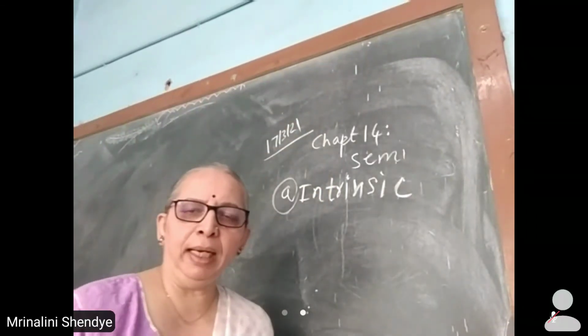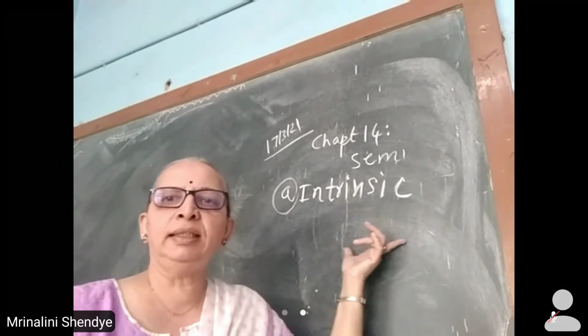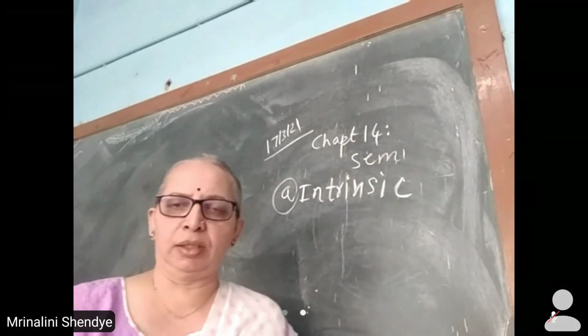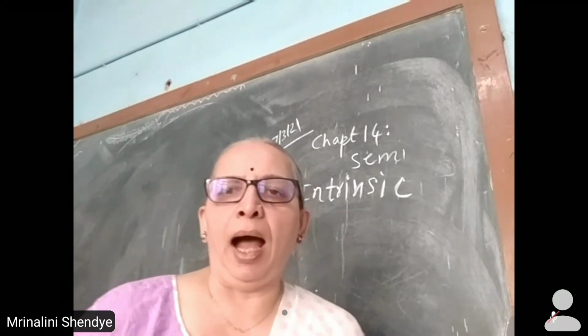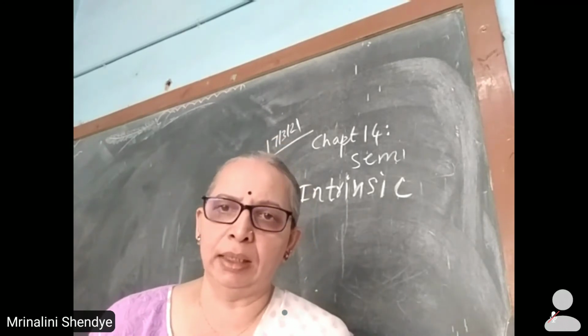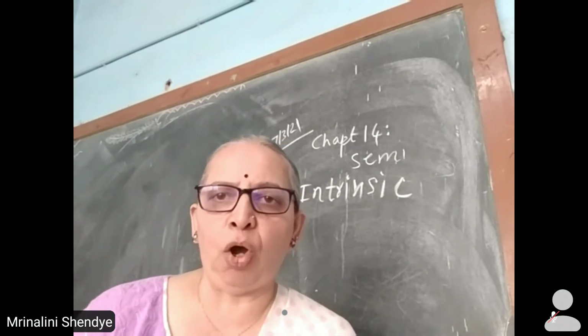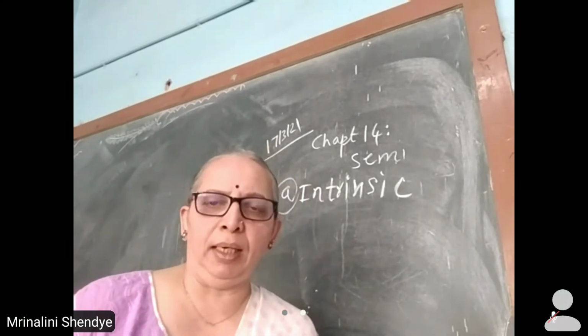Today we'll begin to discuss electric conduction, first through intrinsic type semiconductors. These intrinsic type semiconductors are extremely pure semiconducting materials, for example silicon and germanium.